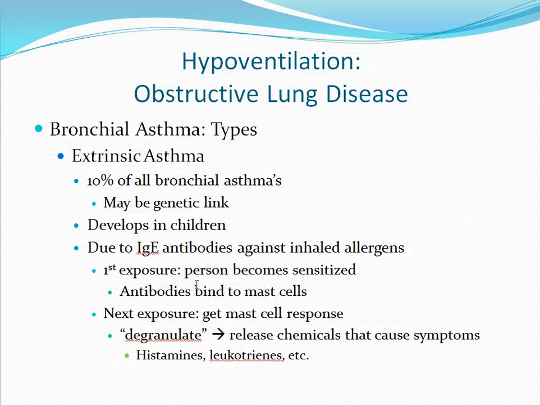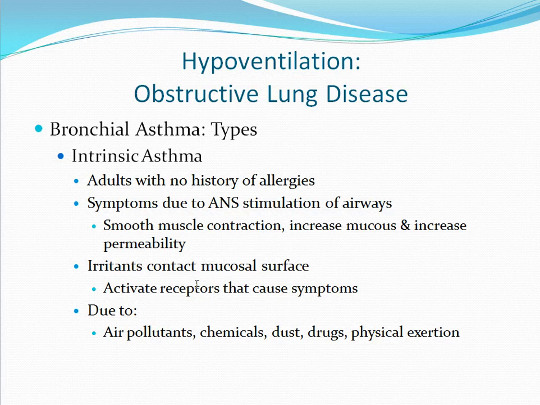This will cause the mast cell to respond, and they are said to degranulate. What this means is that they release various chemicals that end up causing the symptoms of asthma. Some typical chemicals released by the mast cells are histamine, leukotrienes, bradykinins, thromboxane, and platelet activating factor. The resulting symptoms include bronchospasms, increased mucus production, and increased permeability of the capillaries.